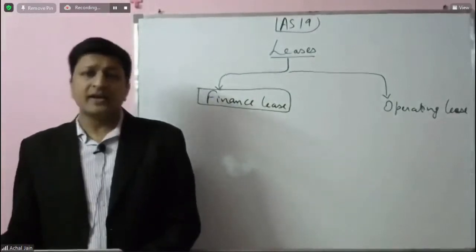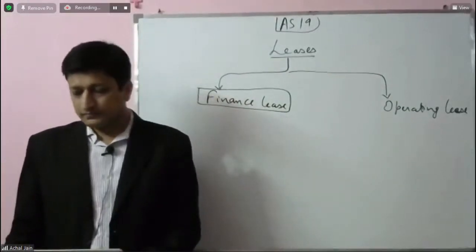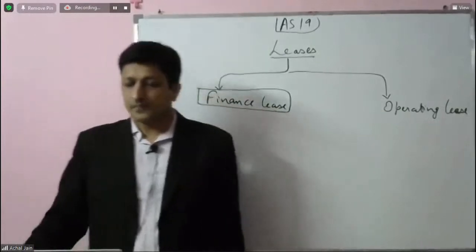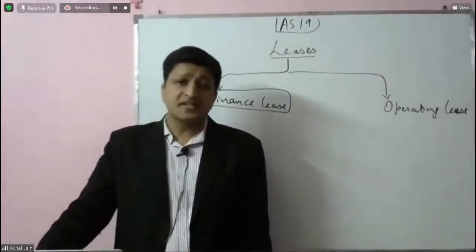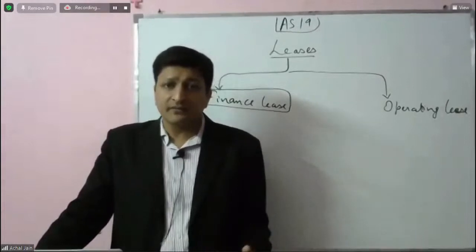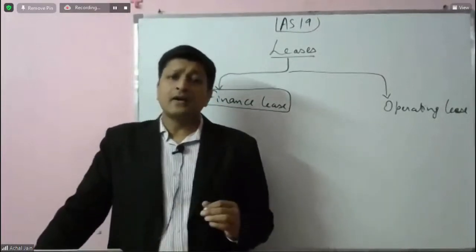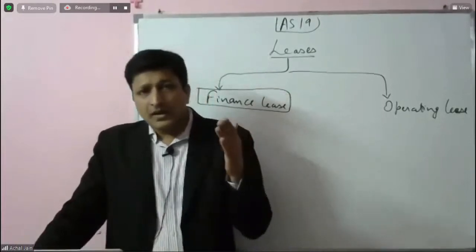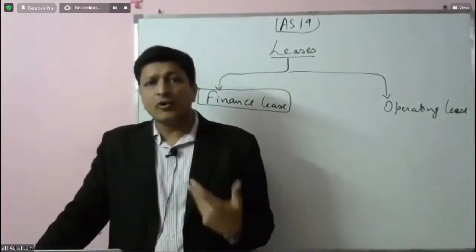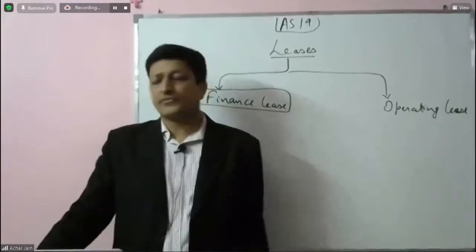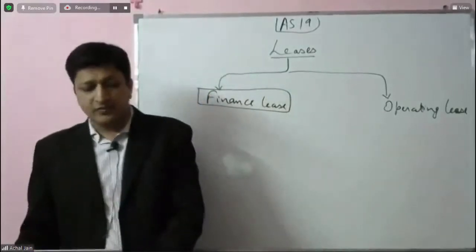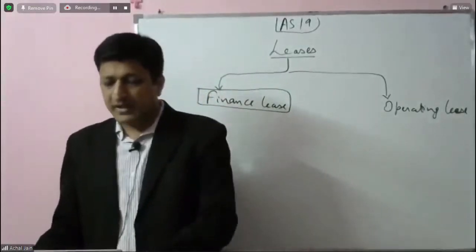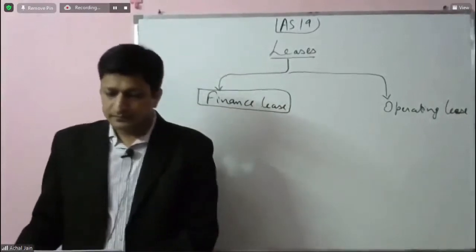Transfer of risk and reward. This concept I'm just discussing once again with you over here. But prior to this, in our standard, we have already talked about transfer of risk and reward. Can you tell me which standard was that? Yes, I'm waiting for a response.